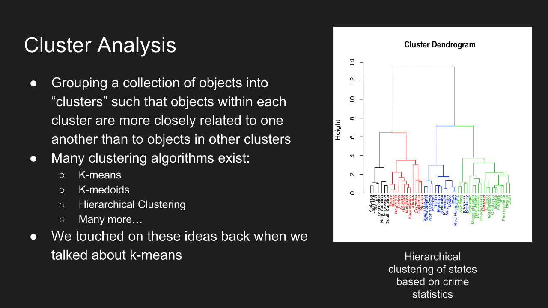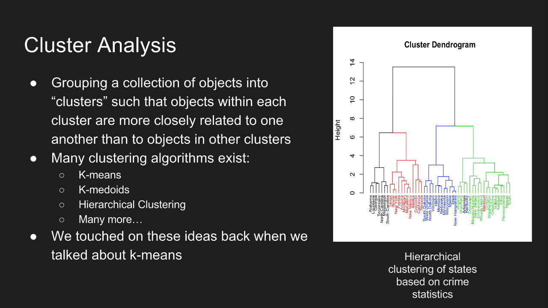It's where we group a collection of objects into clusters, such that objects within each cluster are more similar to other objects in that cluster than to other clusters. These are some popular clustering algorithms. You have seen k-means before. K-medoids is often a very popular one because it's less sensitive to outliers. Hierarchical clustering is what we see here. So this example here is we have states.